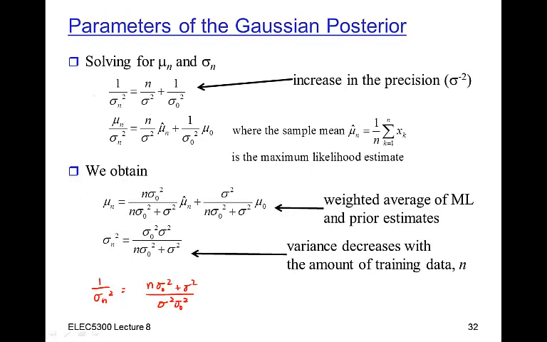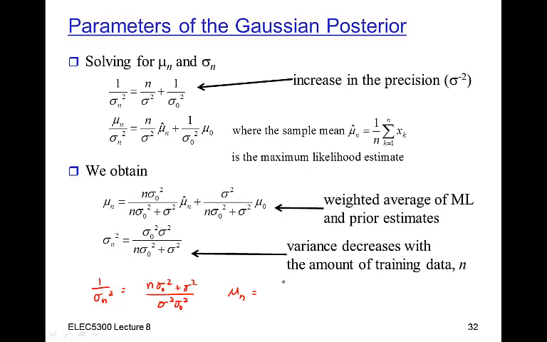Now what I can do is solve for mu of n just by multiplying through by sigma n squared, which I've already solved for right here. So what I get then is mu of n is equal to sigma n squared, which is this, times this.